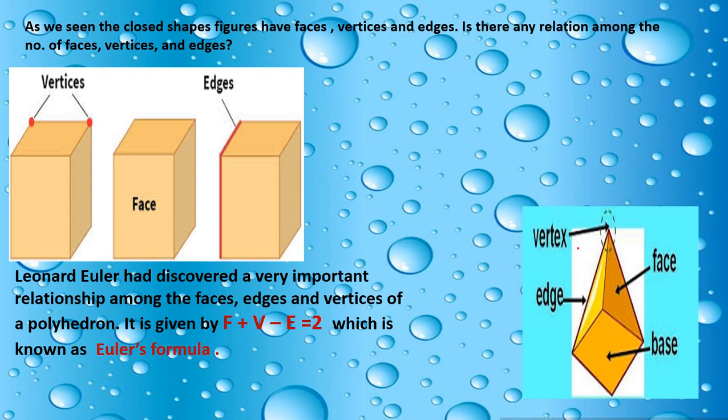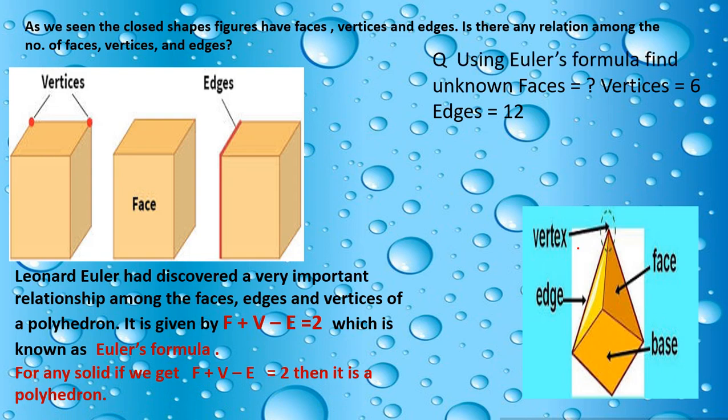It is called Euler's formula. By using this we can identify whether the given solid is a polyhedron or not. If f plus v minus e is equal to 2, then only the solid is known as a polyhedron.